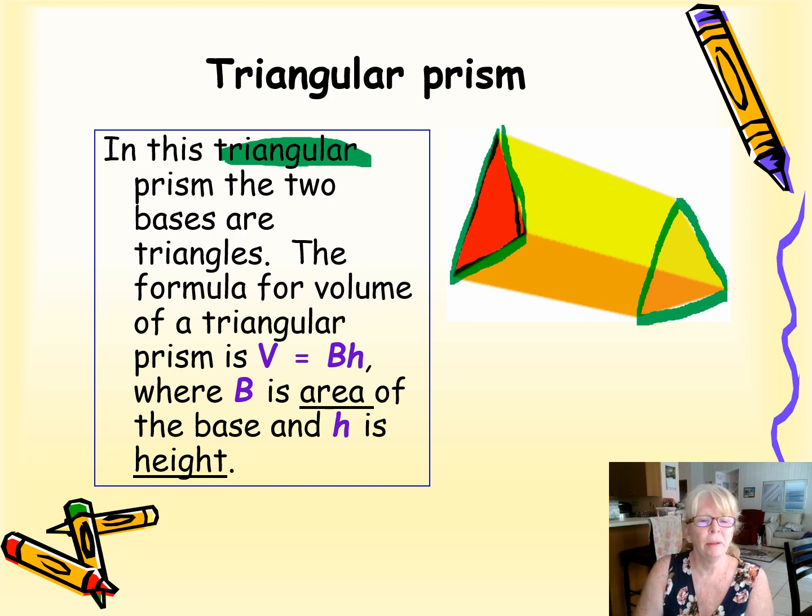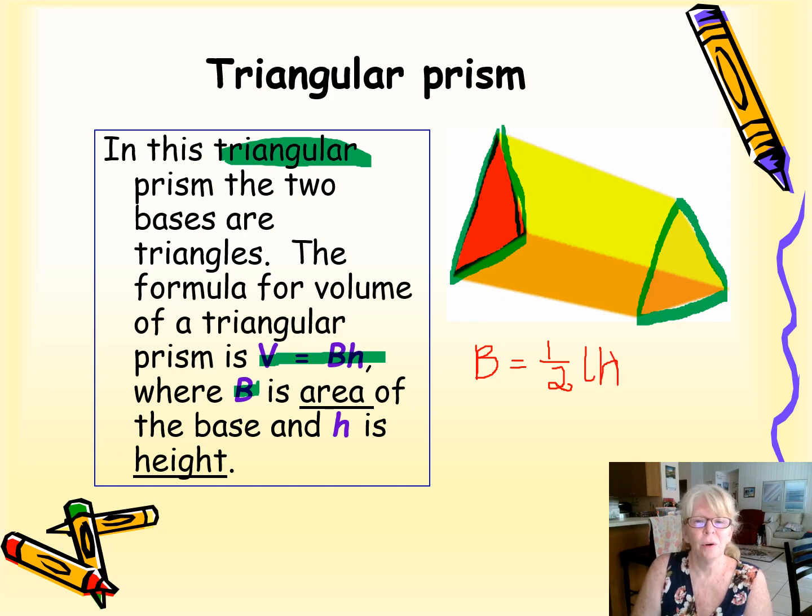There are formulas. Not even going to worry about these right now as far as solving them, but I want you to know how to do them. The volume of a triangular prism is, if you notice the B is capital, BH, but really what that means is the capital B is the base, and the base, if you remember, is 1/2 length times height.